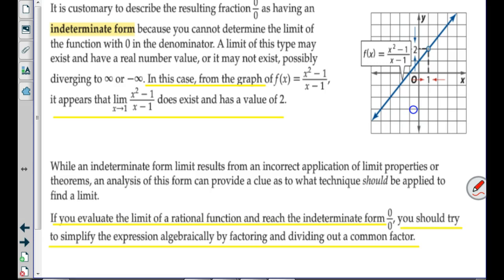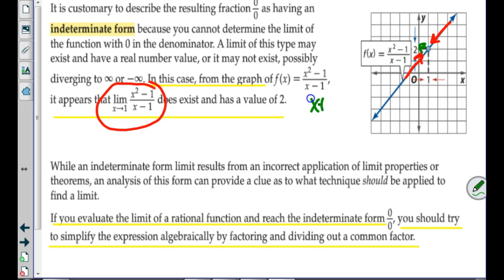It is customary to describe the resulting fraction in indeterminate form. For example, right now, if I put a 1 in here, I would get 0 over 0. Okay? But if we were to graph this, remember from yesterday? If you're coming from the left and you're coming from the right, what y value is this getting closer and closer to? 2. Okay?